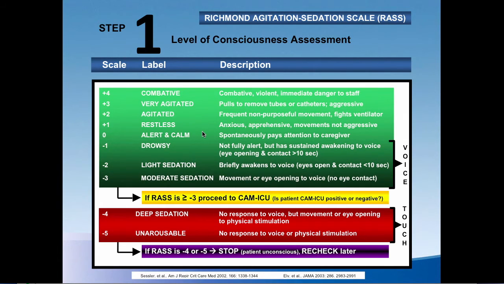If they're -4 or -5, they are considered unevaluatable, and as you and I have talked about previously, you should be aiming for your target. You should do what you can to try and get them to be not -4 or -5.